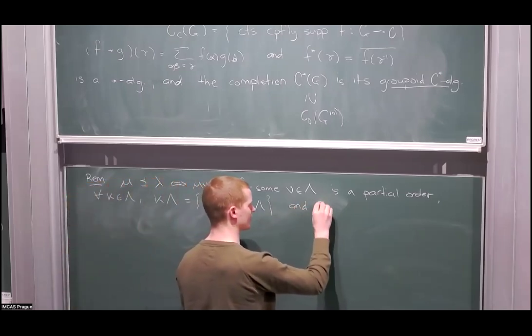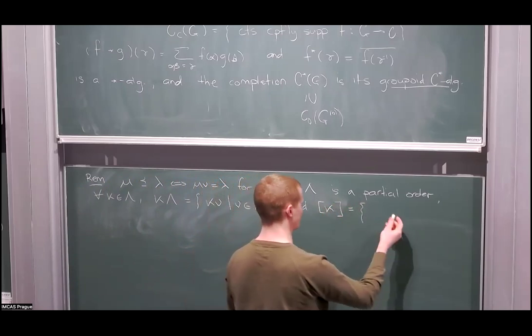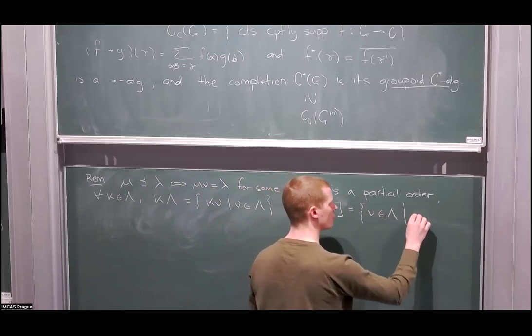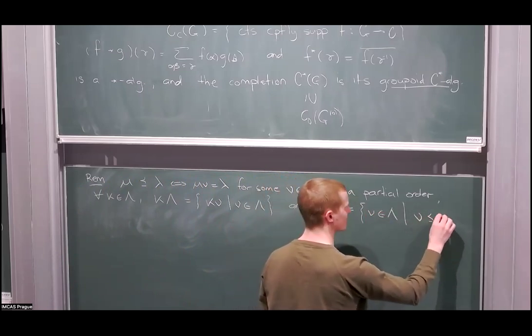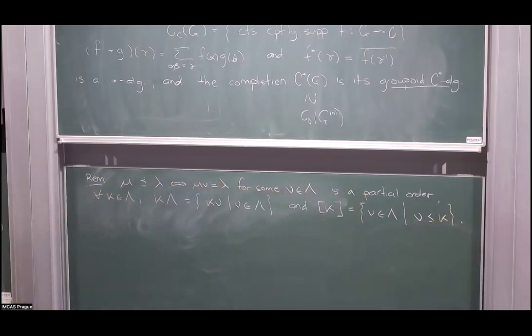And I'll write square brackets around kappa for the set of nu that are initial segments of kappa. Just establishing some notation that we're going to need to keep track of.